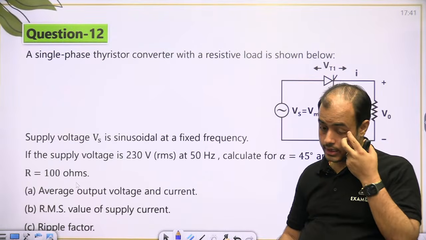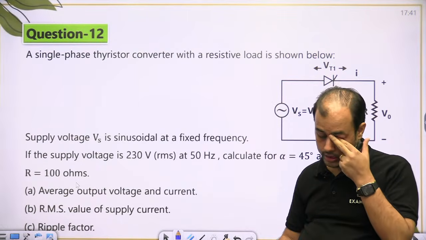Now, single phase thyristor converter supply voltage alpha.